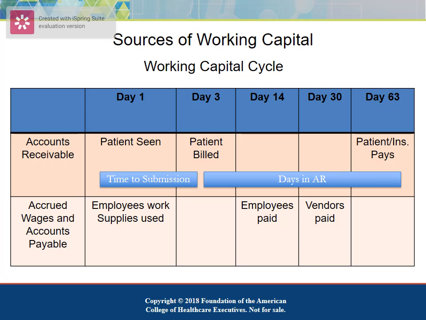On the payer side, the insurance payer, their clock is ticking for the number of days that the claim is outstanding. If that claim is outstanding for a long period of time, we can be denied payment just because it took us too long to resolve it.